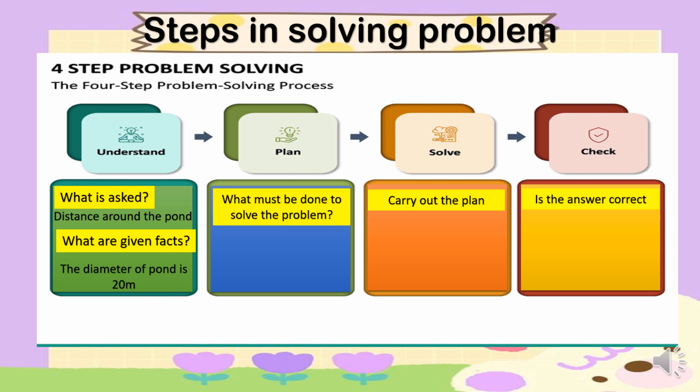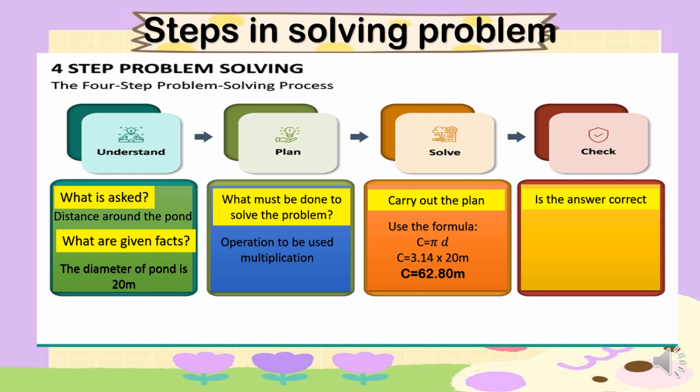Next, we have to plan what must be done to solve the problem. We have to know the operation to be used, and the operation to be used is multiplication. Now, we are about to carry out the plan, which is to solve. We can use the formula C equals pi D. So C equals 3.14 times 20 meters.